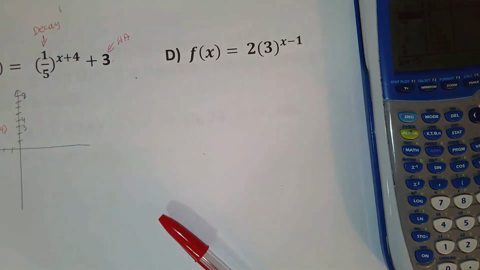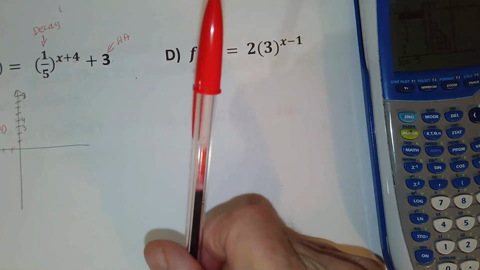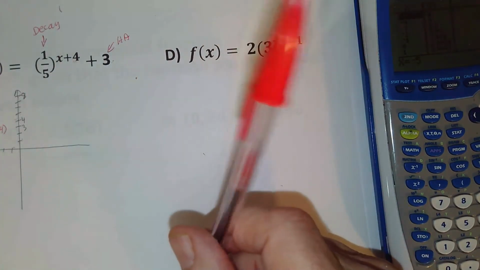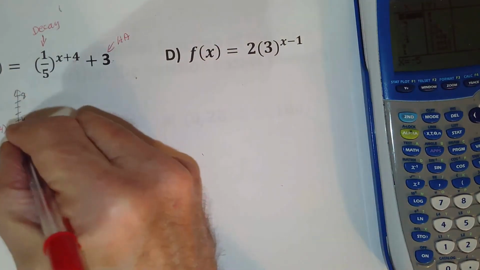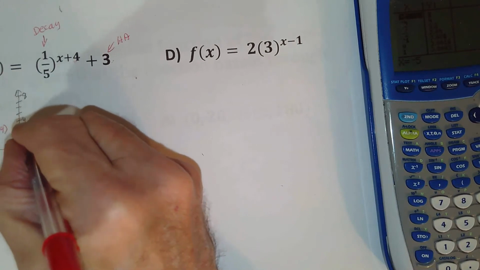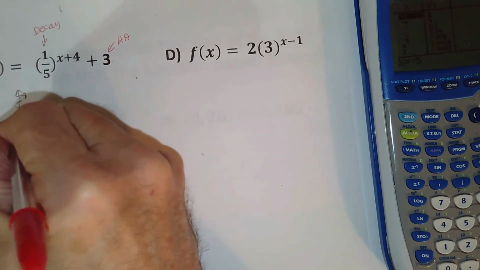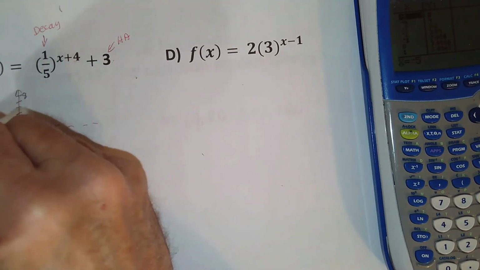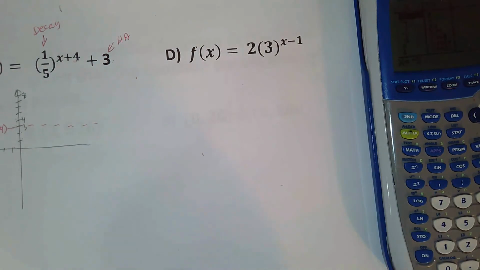All right, so I've got 2. I could start my graph now, and I only need 2. So I don't really need to go any further with this. I know that my horizontal asymptote is at 3. So let me see if I can just dash a line here. That's my horizontal asymptote. And my graph is going to stay above that horizontal asymptote.